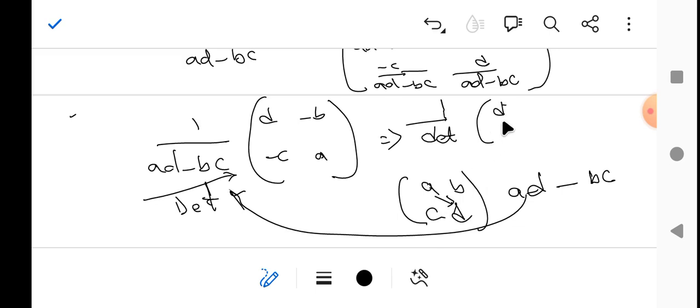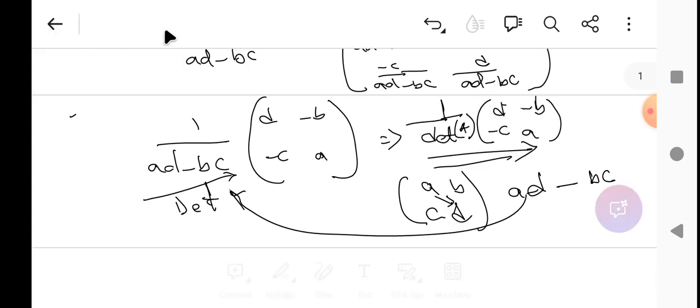So I have D and then A. For the other one, I don't need to interchange, all I need to do is negate. So I have minus B and then minus C. So I'm interchanging the diagonal, negating the other elements, and dividing by the determinant of that matrix, in our case matrix A. This automatically becomes the inverse of the matrix.